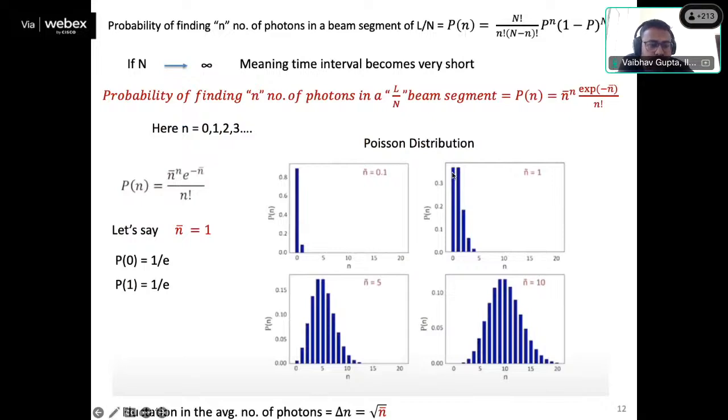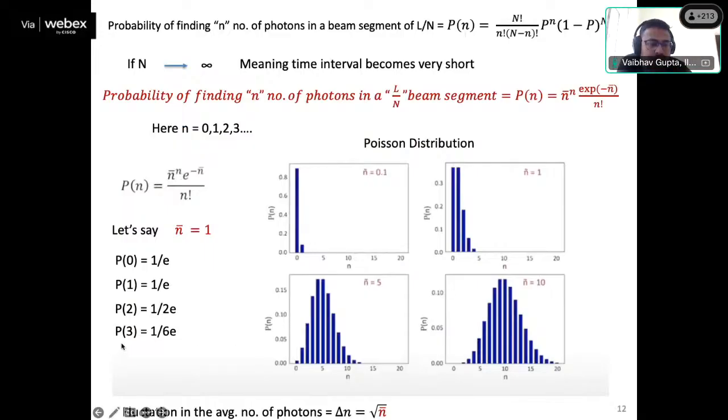Now the probability of finding 1 photon, again, you can solve this. It will come out as 1 by e. Then the probability of finding 2 photons is 1 by 2e, then 1 by 6e. And this is what you see here as well. As you go along the x-axis, finding 0, then 1, then 2, then 4, then 5, you see that it decays very quickly.